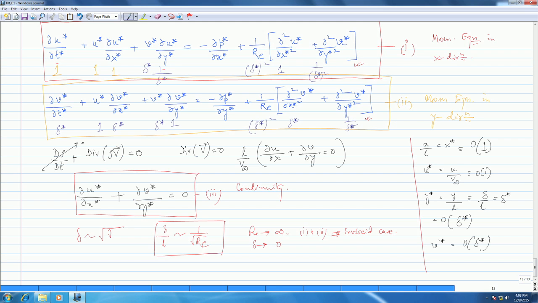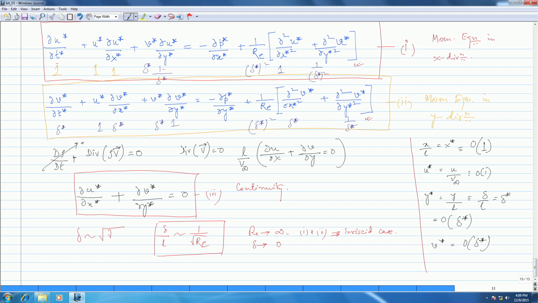So at high Reynolds number, we cannot use this description of y star, because y star will also become very small. So what we're going to do is multiply this y star value by something so that we can increase its value.